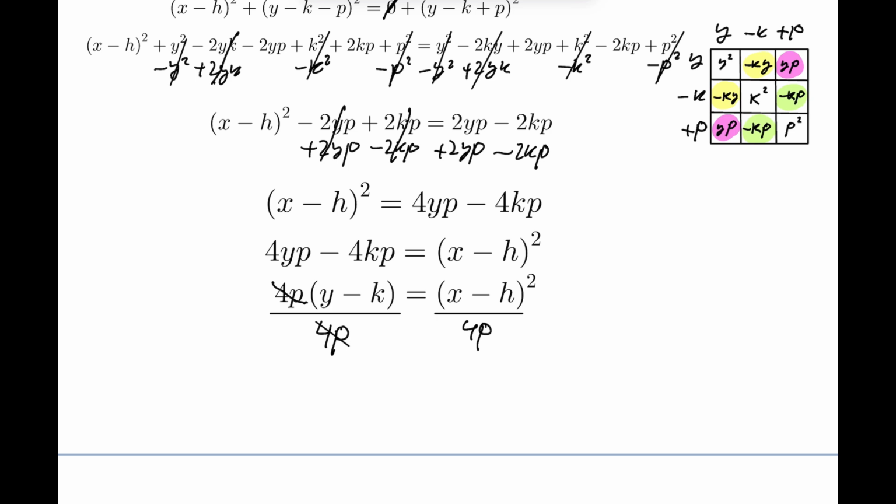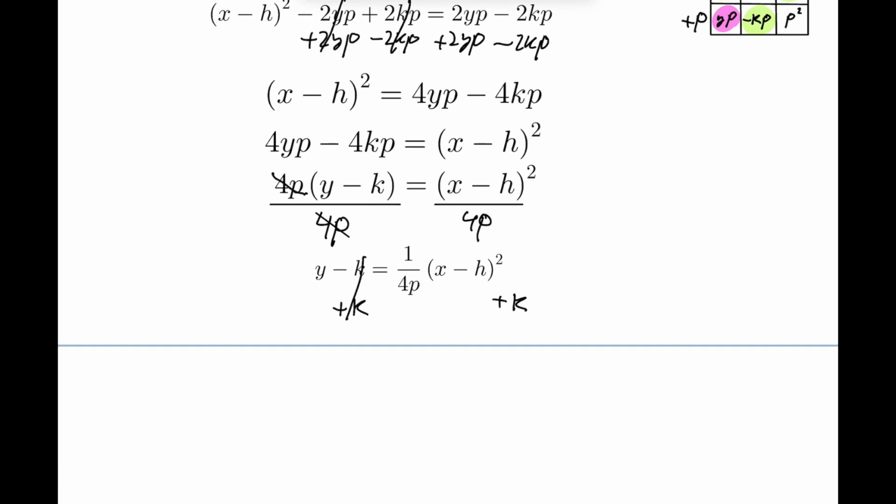So we get y minus k is equal to, dividing by 4p is the same as multiplying by 1 over 4p. So now you can see we're getting very, very close to our anticipated form. Our final step is adding k to both sides. As we add k, y is finally isolated, and now we have our form as expected. This is the vertex form of a parabola.